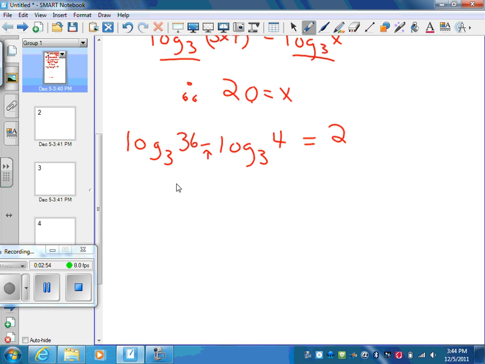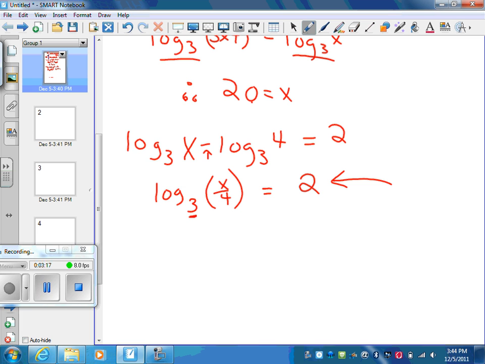Okay, I'll show you another way I could have solved this one. This is the same as log base 3 of x over 4 equals 2. What I could have done is write 2 as a base 3 log.